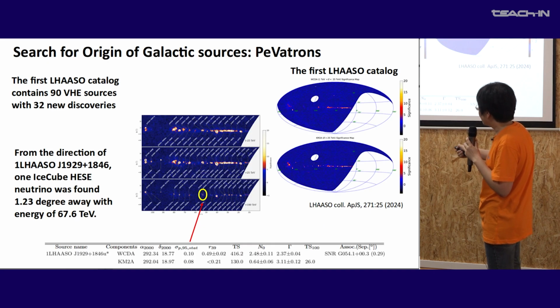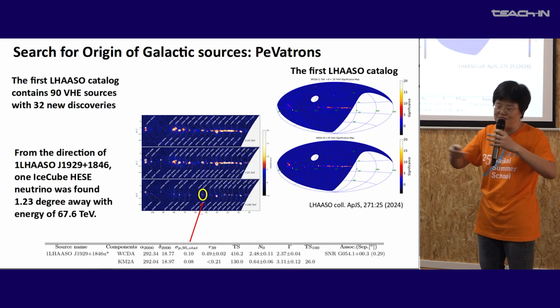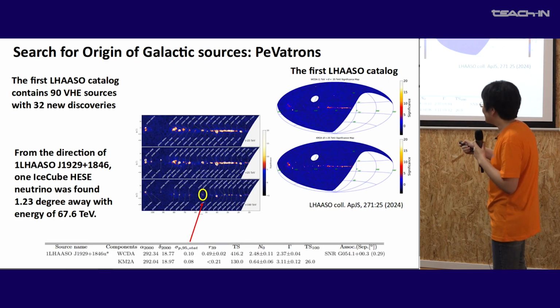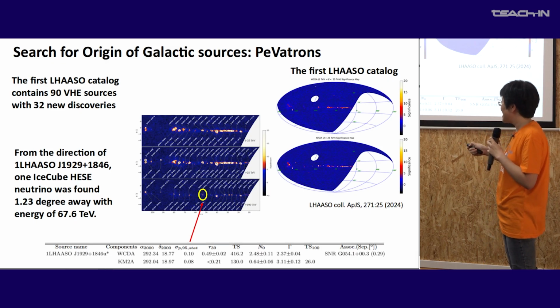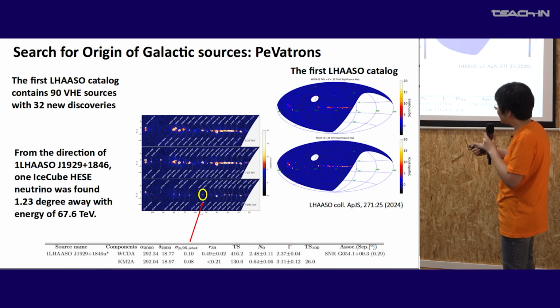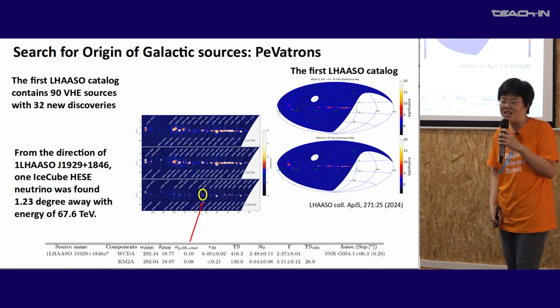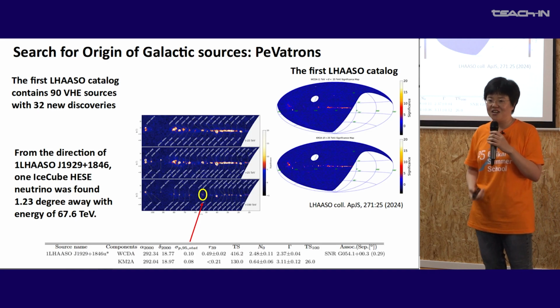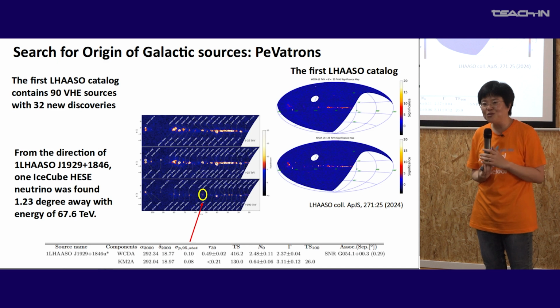We did some cross-checking and found a source, LHAASO J1929+1846, which, by chance, has one neutrino event associated with it. Let's do our model, right?